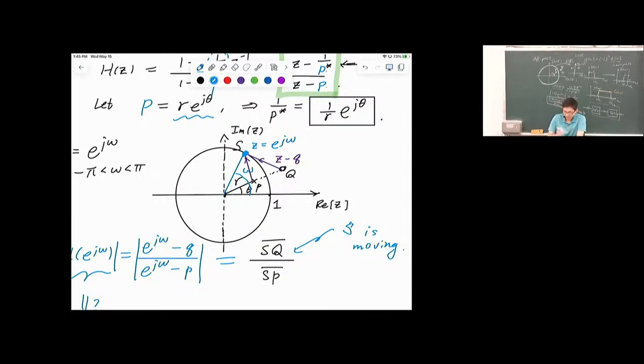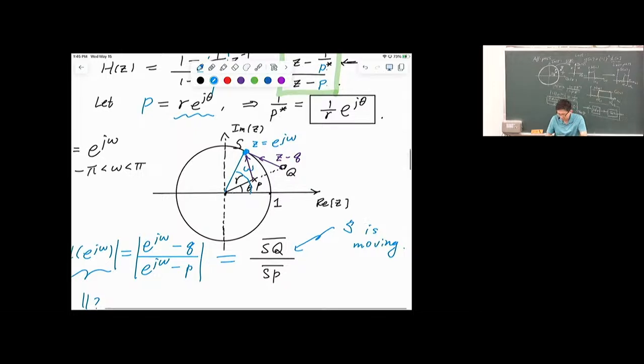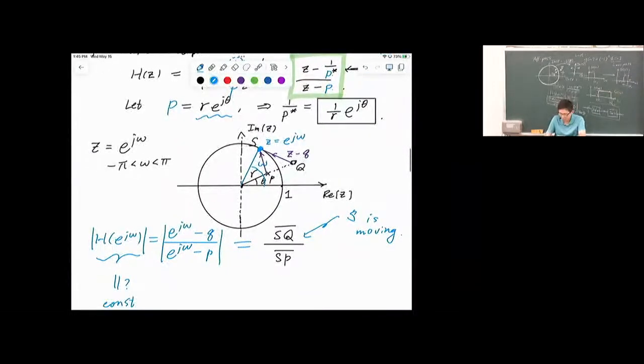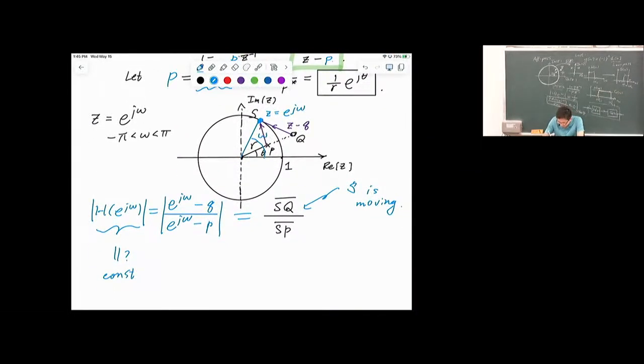So now we consider two triangles, if the origin is O. We consider the triangle OPS and another triangle OSQ. And I claim to you that these two triangles are similar.